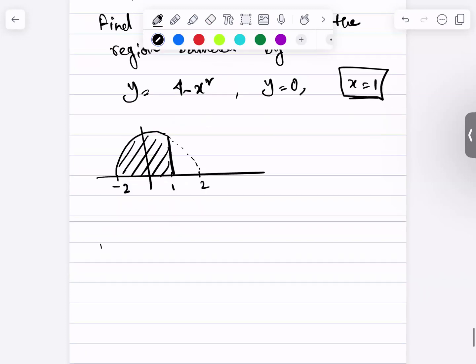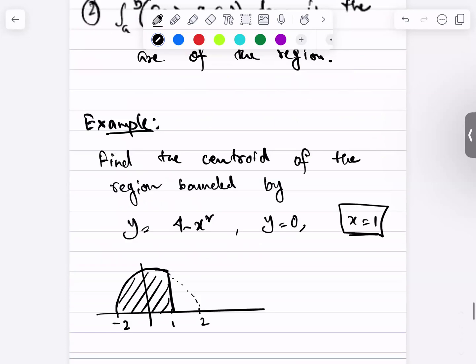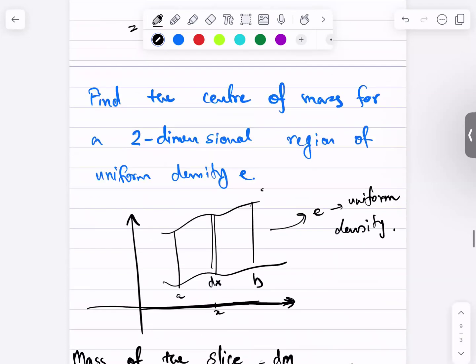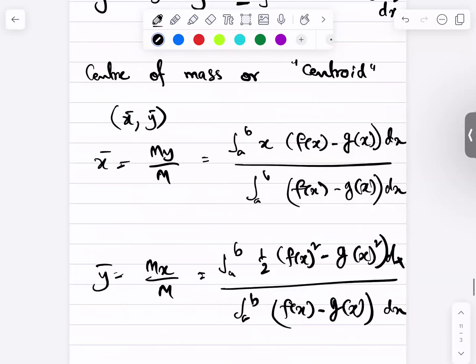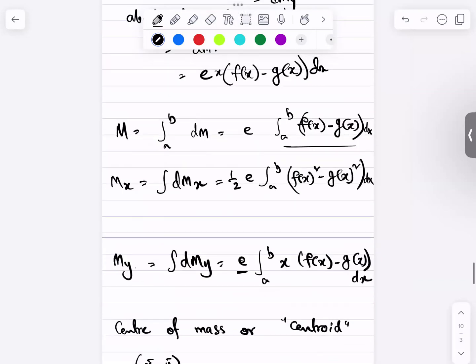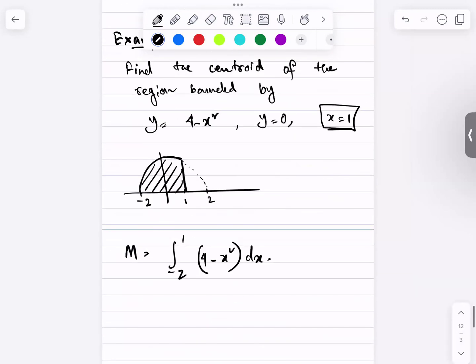Now, if I calculate the total mass, it will be the integral from -2 to 1 of 4 minus x squared dx, right? Because this is the upper function between f(x) and g(x). So I have, say, this is f(x), this is g(x), right? So for mass M, remember I have to integrate a to b of f(x) minus g(x) dx. So here this is my f(x) and this is my g(x).